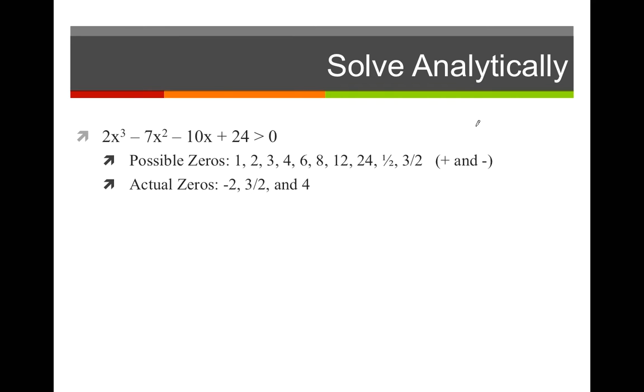Now that's through doing some work, but just to save us time, let's say you've done all that work. You've gotten these three zeros, and now I want to look at this graphically and look at -2, 1.5, and 4.